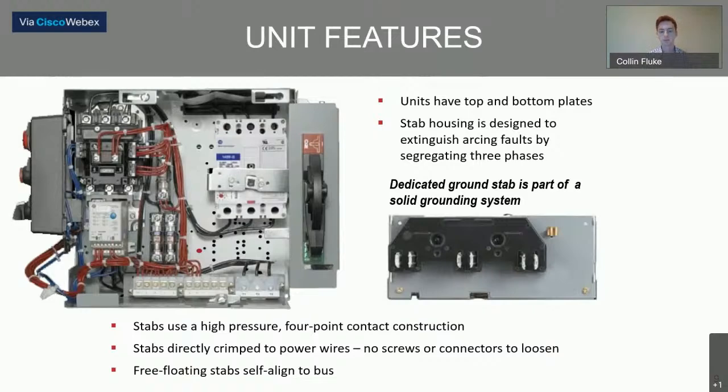That copper ground stab actually protrudes farther than the clips, so that when you are plugging a bucket into an MCC, that ground stab engages the ground bus and connects to it before the power bus is even connected. So that way you are grounded before you even come into contact with the vertical power bus.